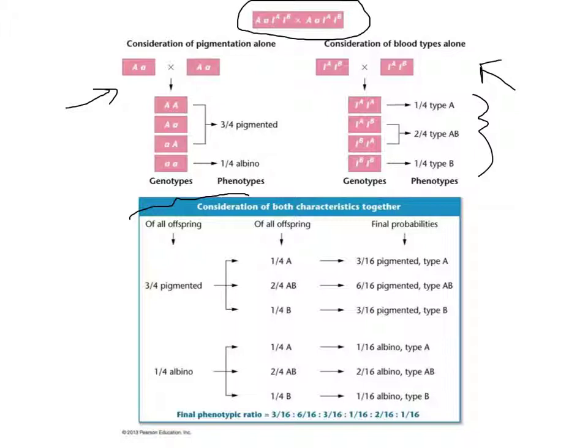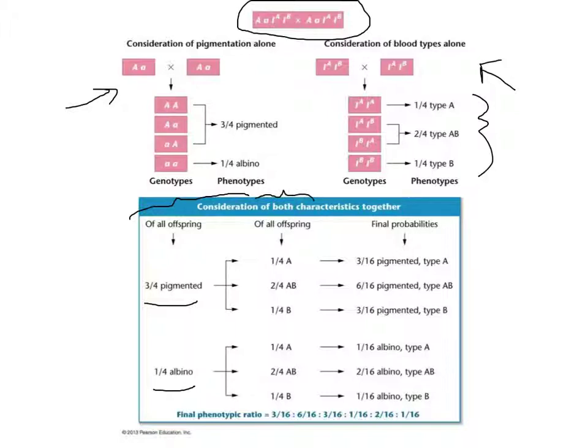So we know that if you have heterozygotes and they cross or mate, you should be able to predict that their offspring will show a 3-to-1 phenotype ratio, 3 parts pigmented or colored normally to 1 part albino or non-pigmented. So 3/4 to 1/4, and that's what the authors have broken out here in making this figure.